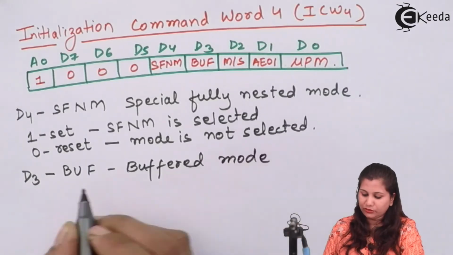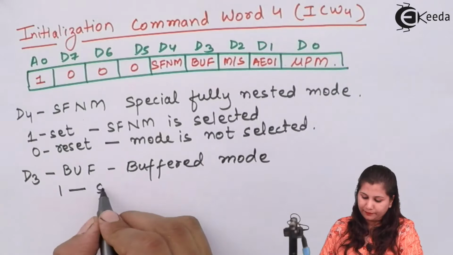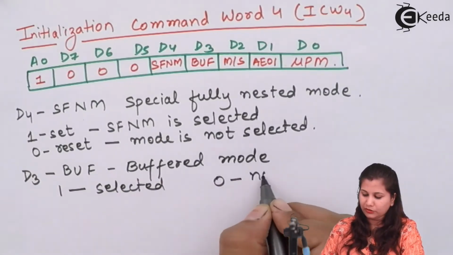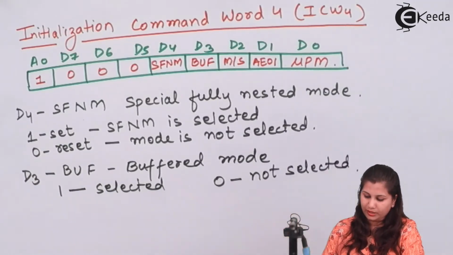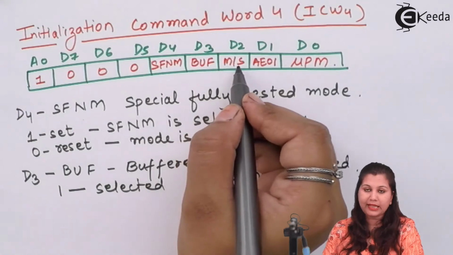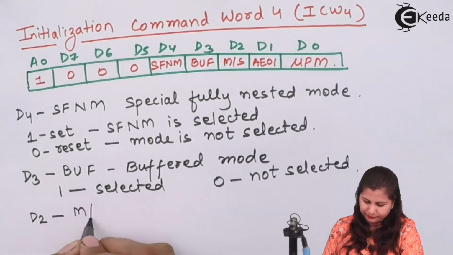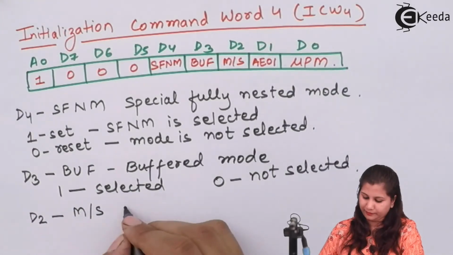So if this D3 bit is 1, then buffered mode is selected. And if it is 0, then it is not selected. Then we have M/S, this D2 bit. This is for the master and the slave mode selection.